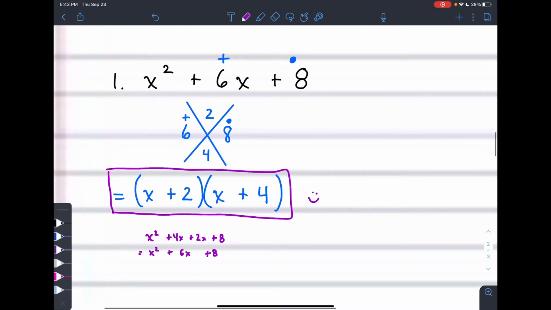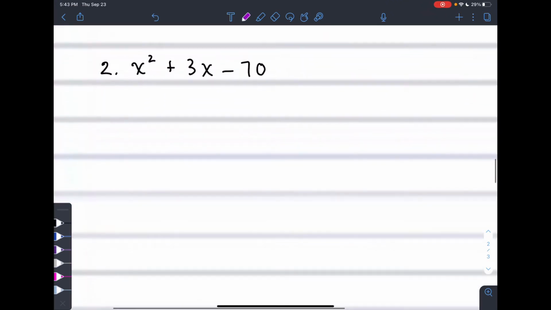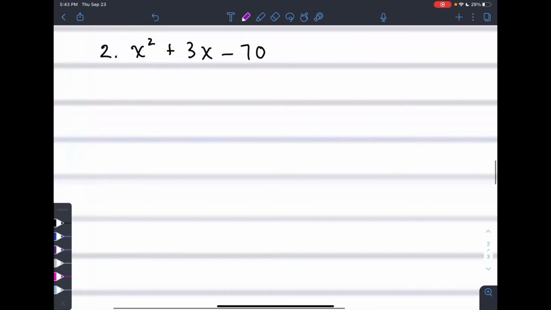Okay, let's try another one. All right, so again, we want to find a way to rewrite this as two factors that multiply to each other. We know that the first terms multiply to x squared, so that's just x times x.